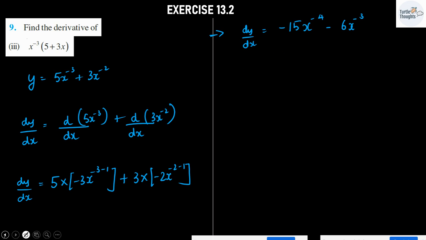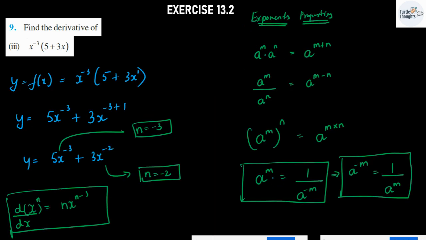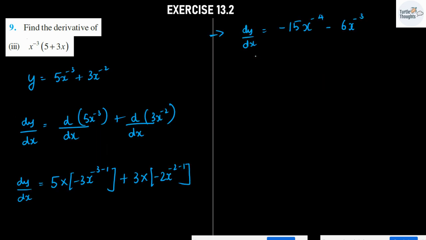Okay, now I can use a raised to the power minus m can be written as 1 over a raised to the power m.